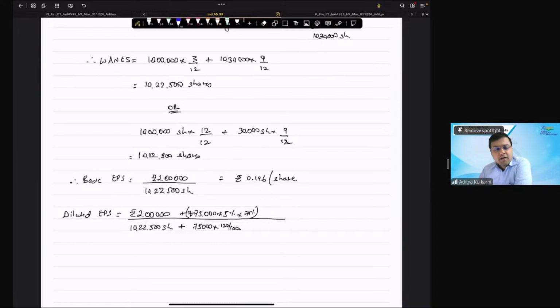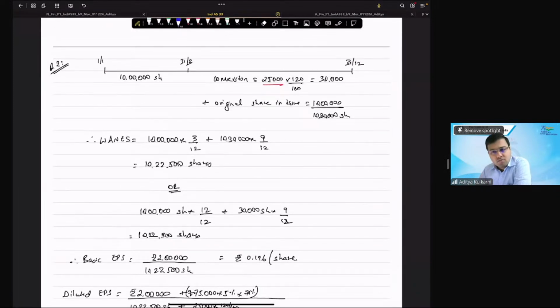Now, anything else is left for conversion? No. सर ये जो 25,000 शेयर से वो मिड ऑफ द ईयर कन्वर्ट हुए हैं, तो बिफोर मिड ऑफ द ईयर इनका कुछ वैल्यू था जो वैल्यूएशन में आना चाहिए. Yes. So in this tenure, 25,000 shares had not been converted.